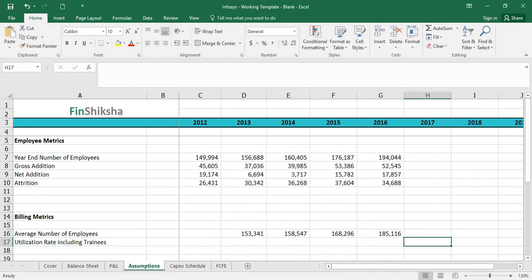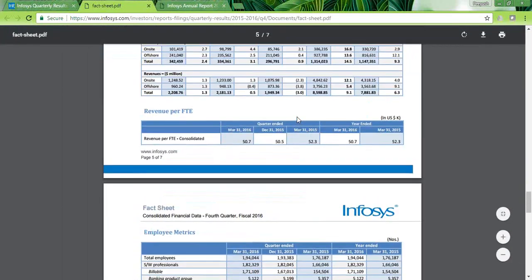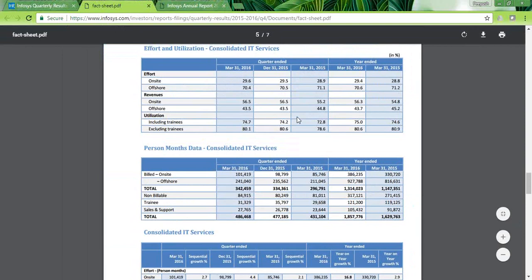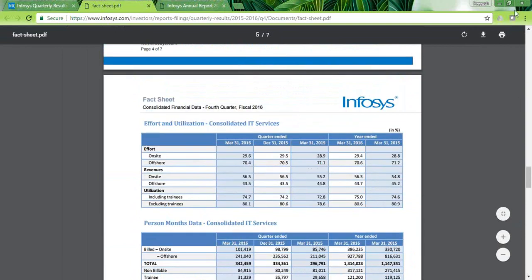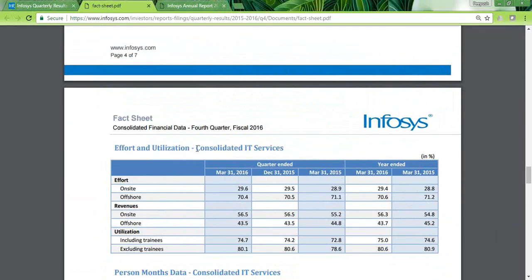For example, if we go to the Infosys fact sheet that we had seen, the fact sheet does give some sort of utilization data. If you look at this page, it gives you utilization data, but only for consolidated IT services. It is not for the entire unit or entire set of employees.